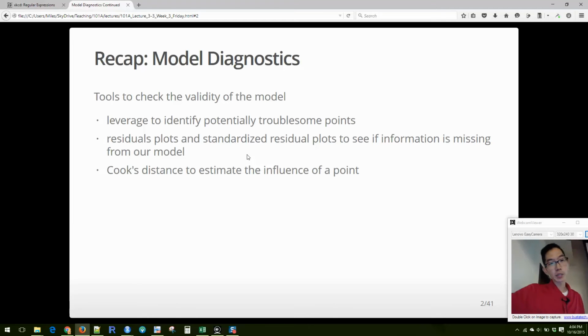On Monday, we covered leverage and residual plots and standardized residual plots, as well as Cook's distance to estimate the influence of a point, to see if there are any certain points or outliers that might be causing trouble to your model.